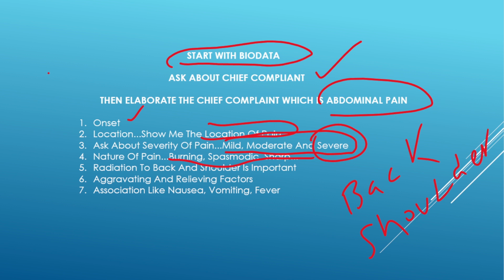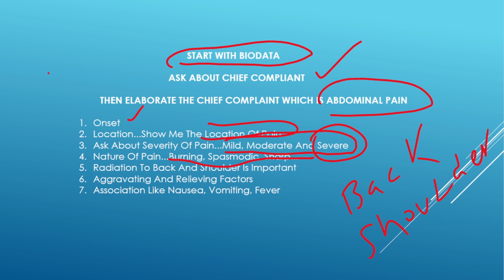Then ask about the relieving factors, ask about whether the change of position or any medication relieves the pain, and then ask about the aggravating factor, especially food intake is very important in the abdominal pain.